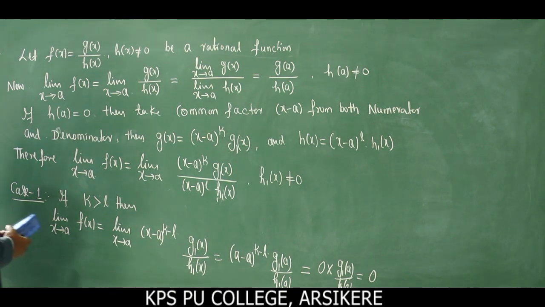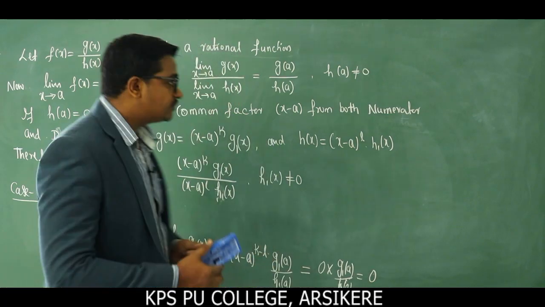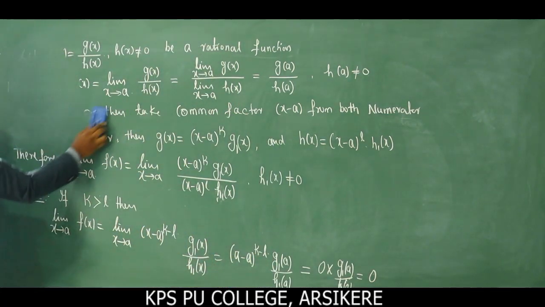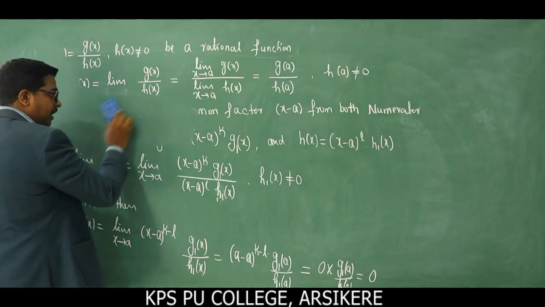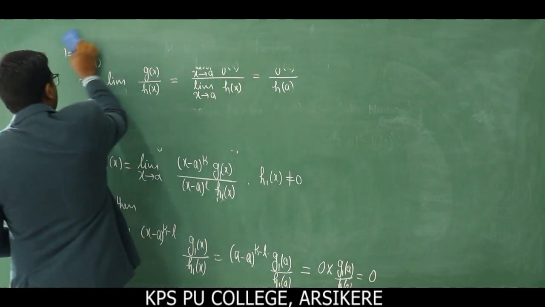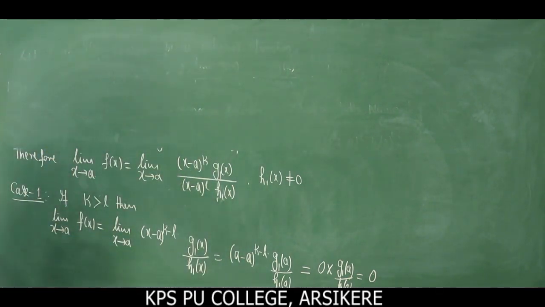Now dear students, we are moving to the next case, case number 2. In case 1, the k value is greater than l. But in case 2, I will take k is equal to l.